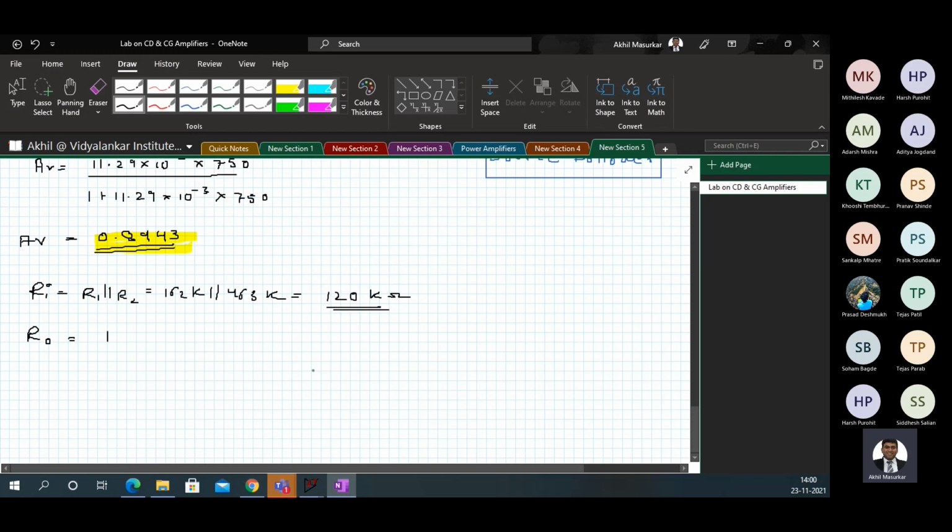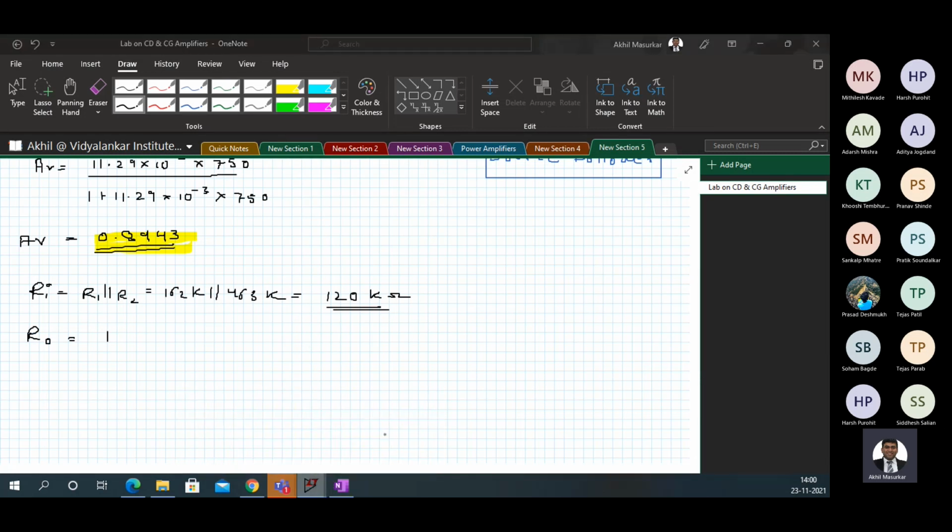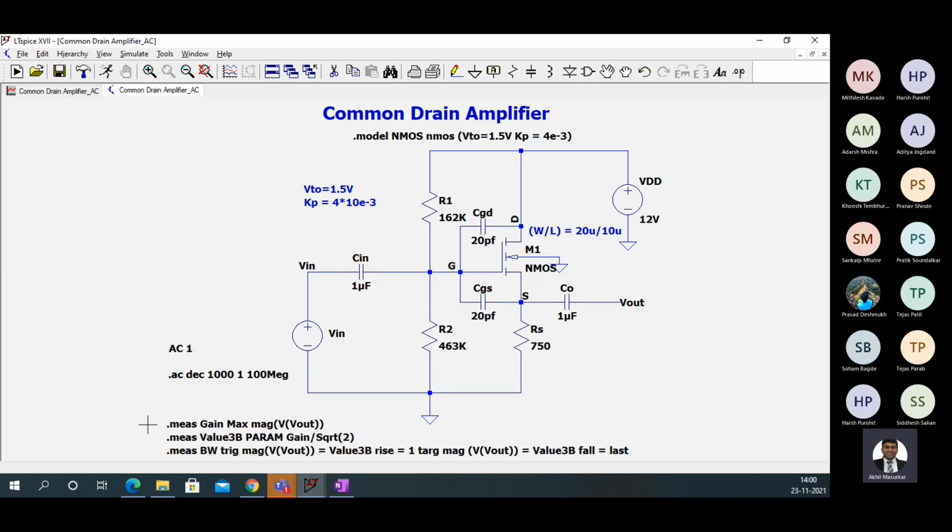So let's see that. Now let us do the AC analysis. But nobody has put this common drain AC part in the chat box. Hello, sir. Yes, it is giving me an error. Share the error.